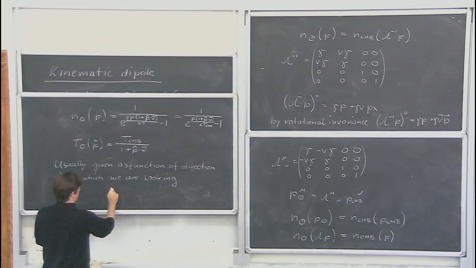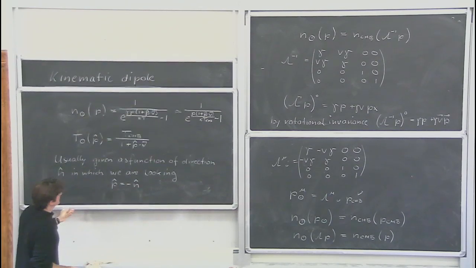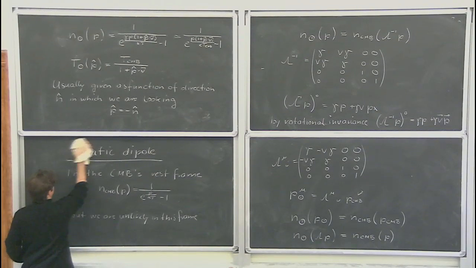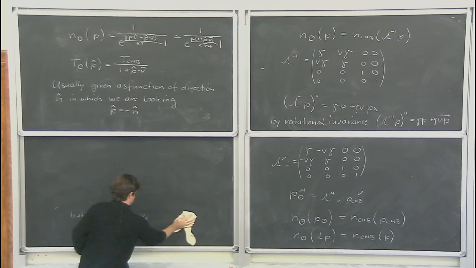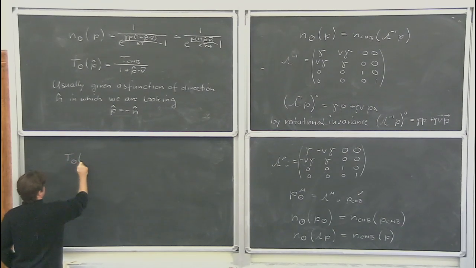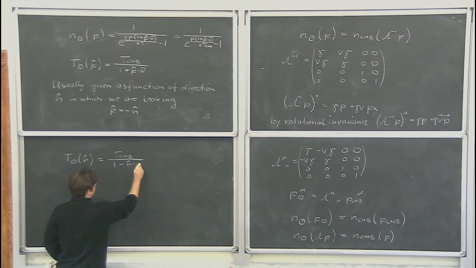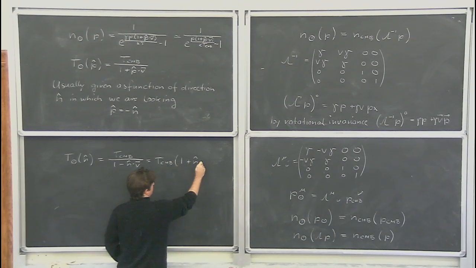So p hat is just equal to minus n hat. And so what we find is that the temperature as a function of the position in the sky that we expect to see, T as a function of n hat, is just the CMB temperature divided by 1 minus n hat dot v.